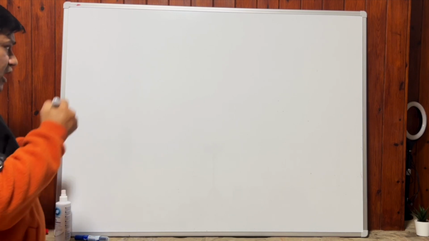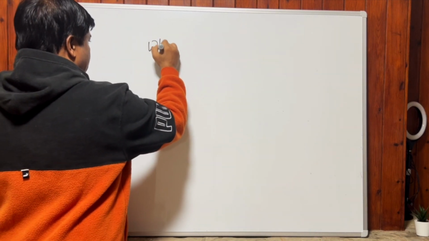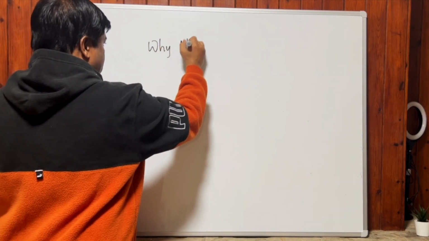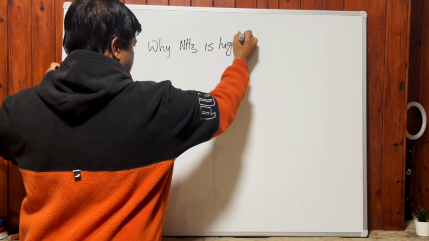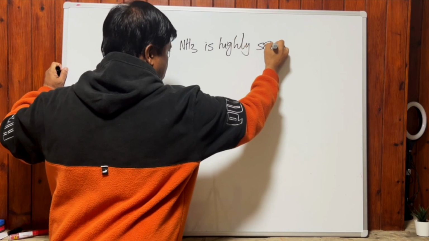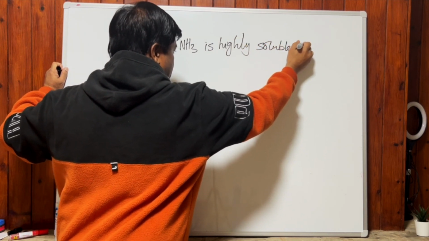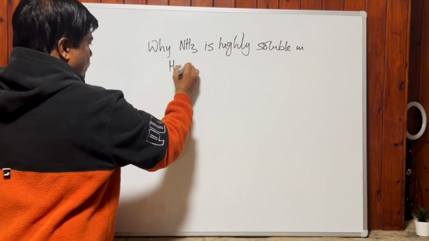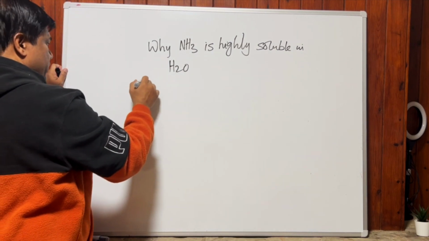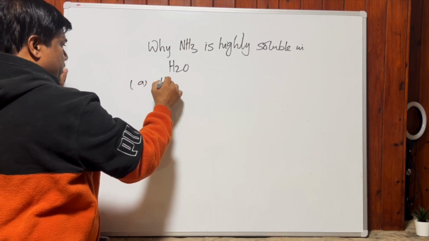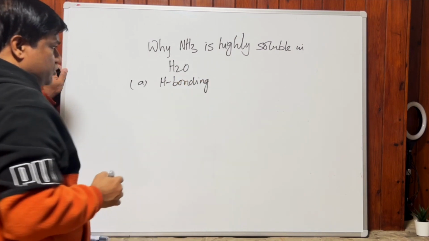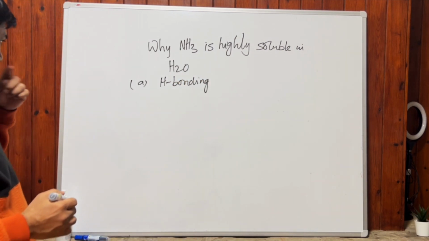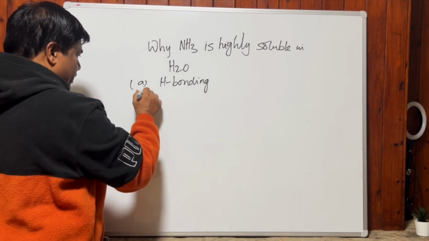Why is NH3 highly soluble in H2O? One thing, hydrogen bonding, a strong electrostatic force of attraction or intermolecular force of attraction.